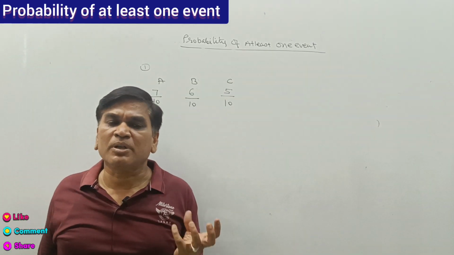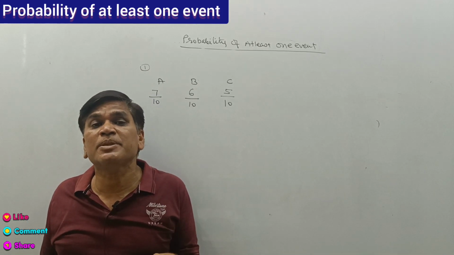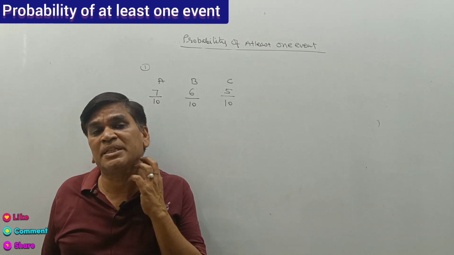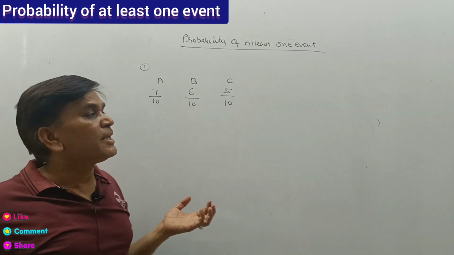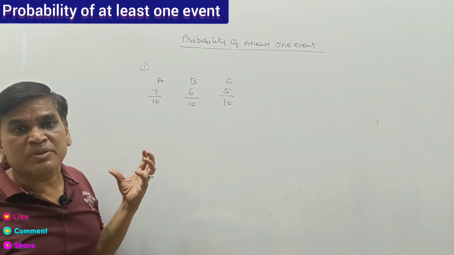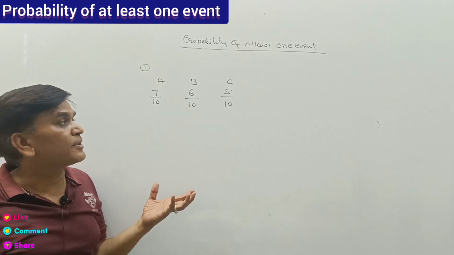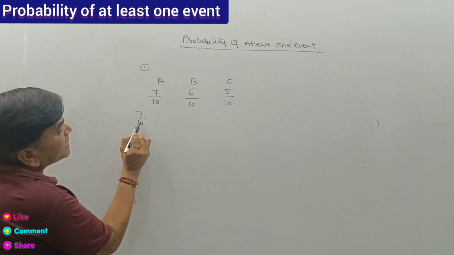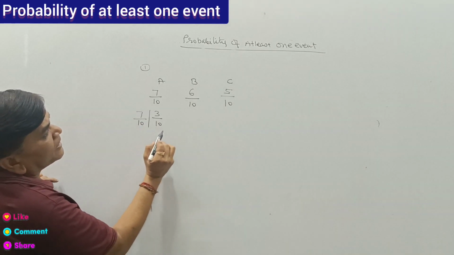The question will be solved if among all three anyone solves it: either A will solve, or B will solve, or C will solve. So first we will get the probability of solving by at least one, then we will get the result. The probability of solving by A is 7 upon 10, so not solving is 3 upon 10.